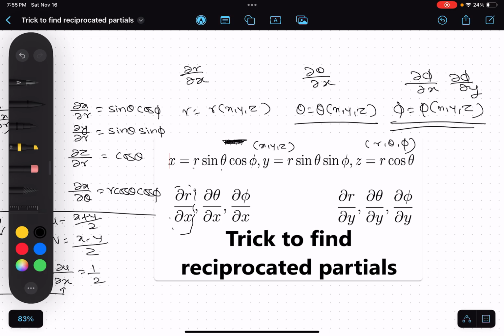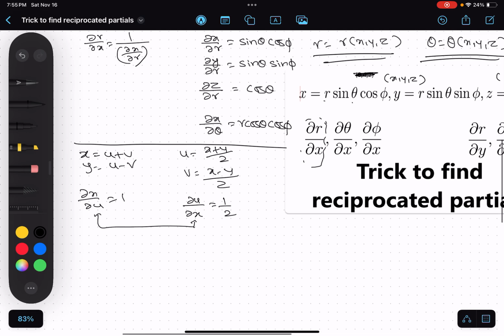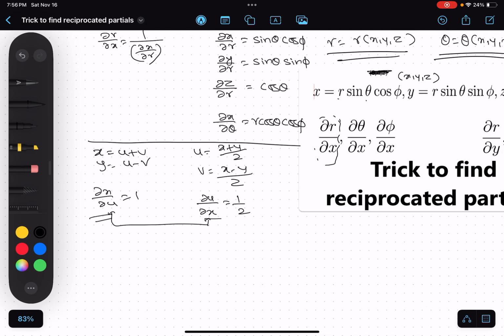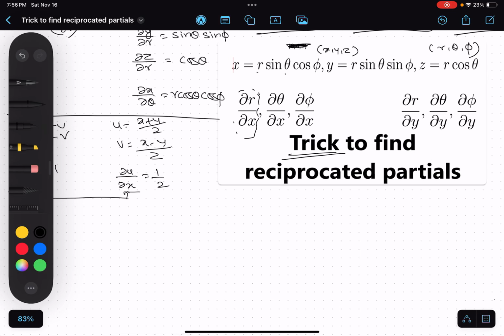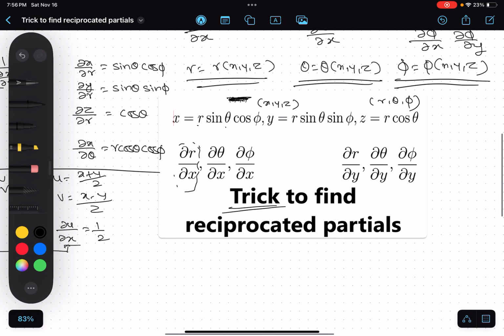This is our first approach because it is more practical. After we get answers from this approach, we also have an approach to directly relate these two. That's what I've been calling the trick in this video, and we will also prove why that trick works. But first, let's find r, theta, and phi in terms of x, y, z.